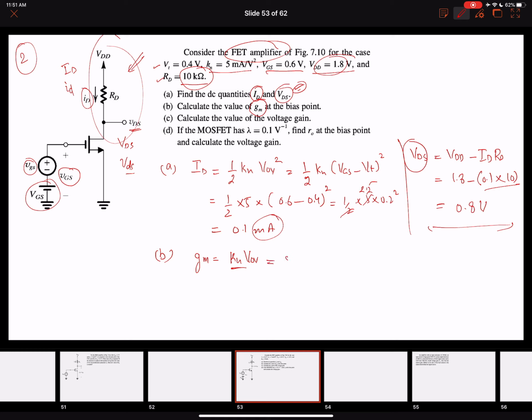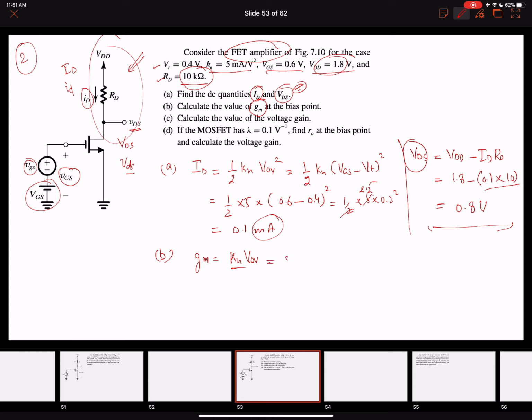So the value that I got will be minus 10 volts by volts. The gm value was also 1 milli, so this milli and k can be cancelled out, and the total value you are going to get is minus 10 volts by volts.